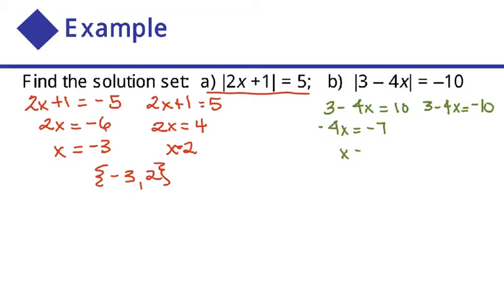X is going to equal 7 over 4. And over here you'll get negative 4x equals negative 13. X equals 13 over 4. So our solution set is 7 over 4 and 13 over 4.